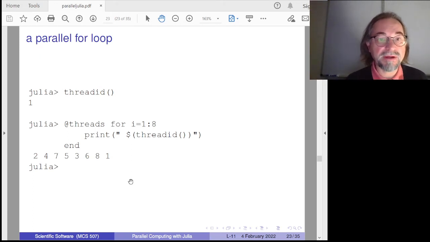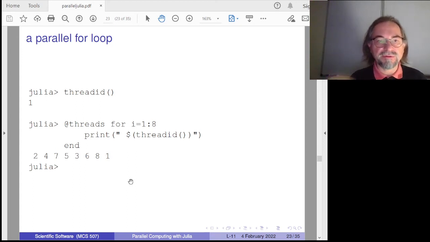Here we have a parallel for loop. With the threads macro, we indicate that we are going to run a loop that is executed by every thread. So it is a loop, but not like one thread executing a sequence of commands.